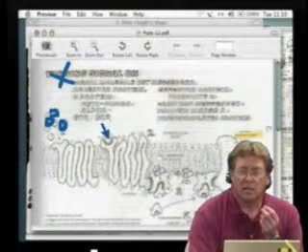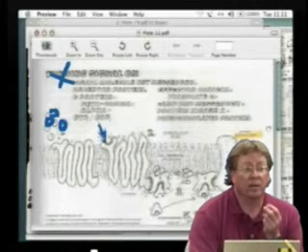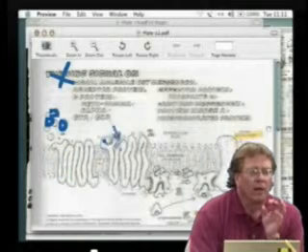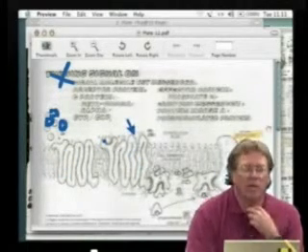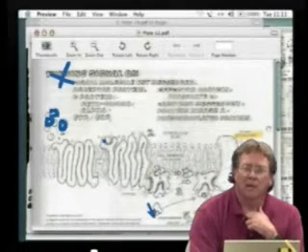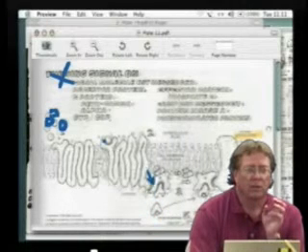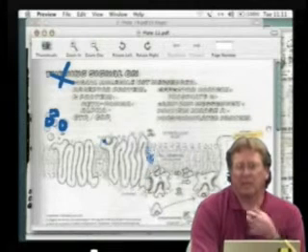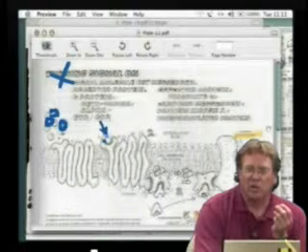When this first messenger, or this first signal, binds to the receptor, what happens? Notice there's a shape change. There is a conformational change that occurs in this receptor. On the intracellular side of this receptor is some kind of effector, something that's going to affect or take the information that it's just gotten.